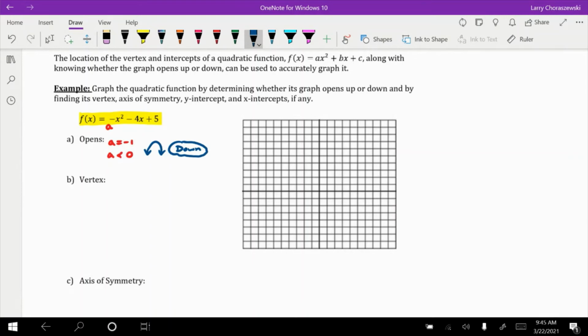Part B wants the vertex. Okay, so I'm going to kick this off to you again. Calculate the value of h, and then use h to calculate the value of k.